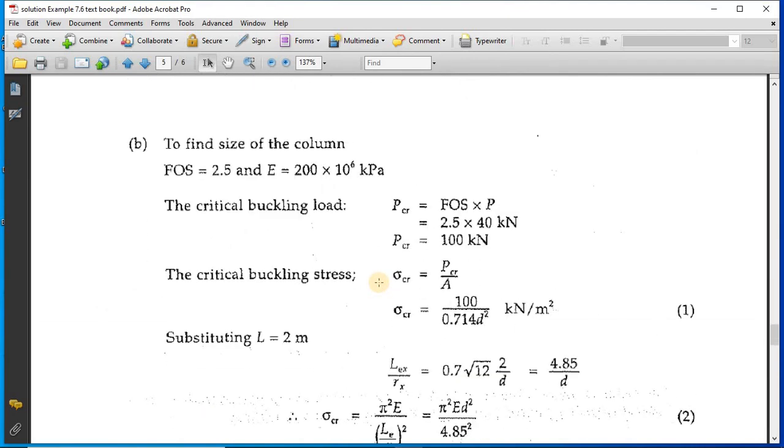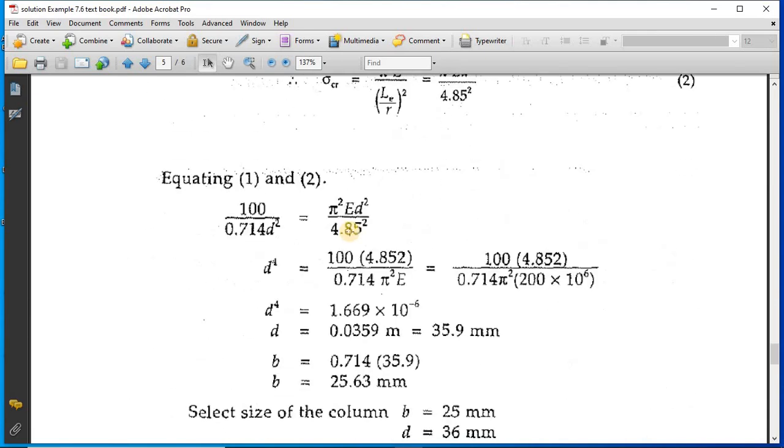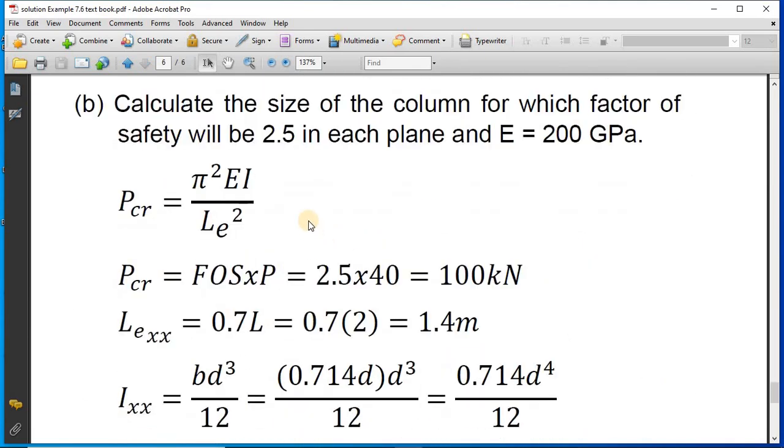For part B, there are two ways to solve this: you can use the buckling stress equation or the buckling load equation.